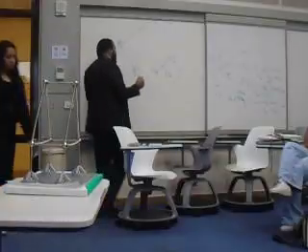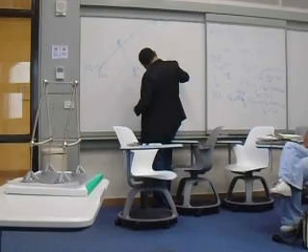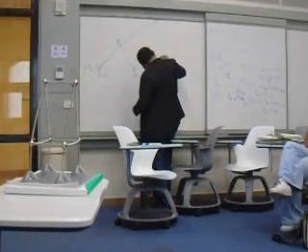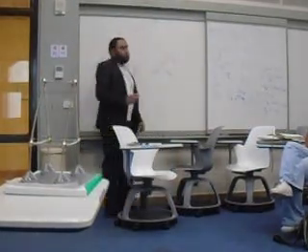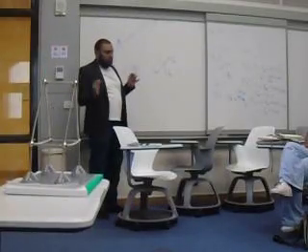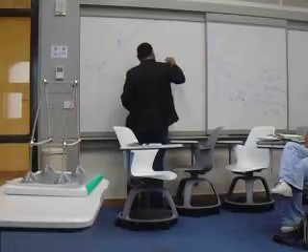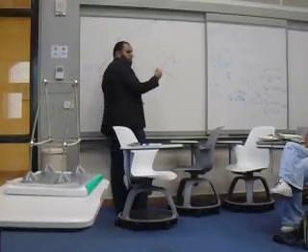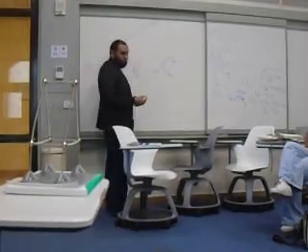But imagine local axes here. A local x-axis like this, and a local y-axis like this. That's local x and that's local y. I do it in red to make it different.